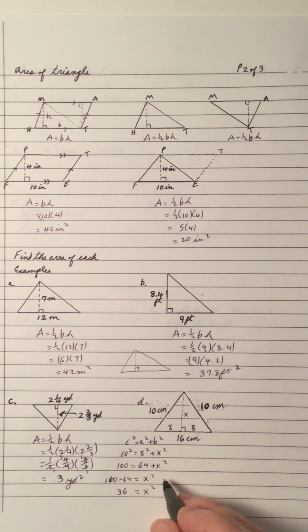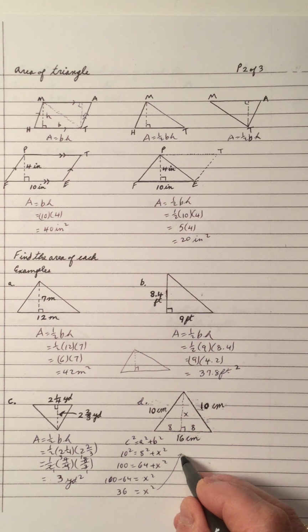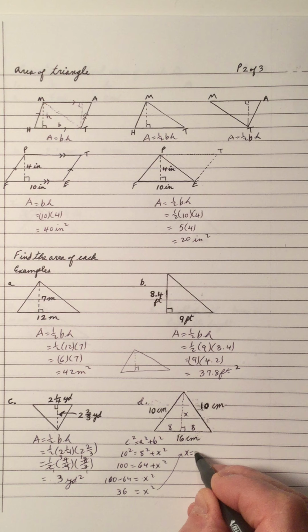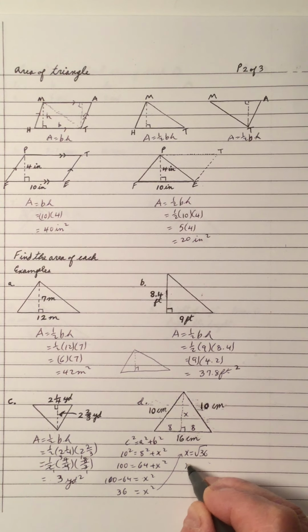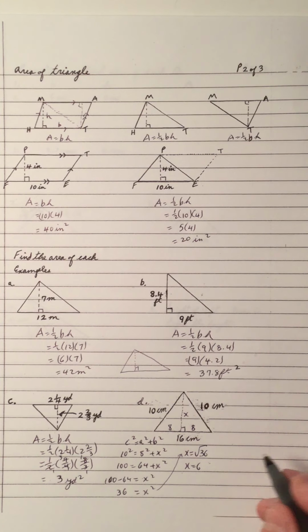X squared equals 36, so that means X equals the square root of 36, so X is 6. So that means the height is 6.